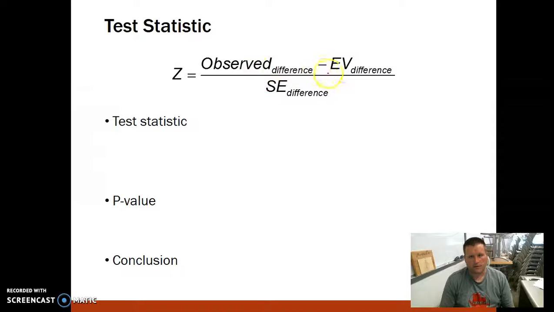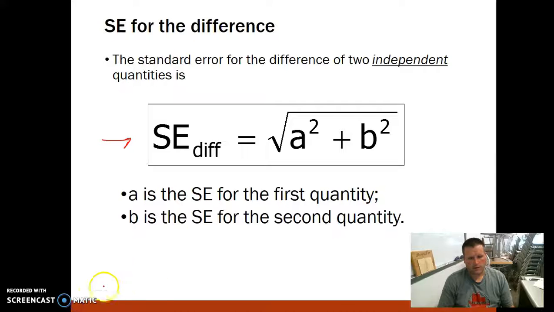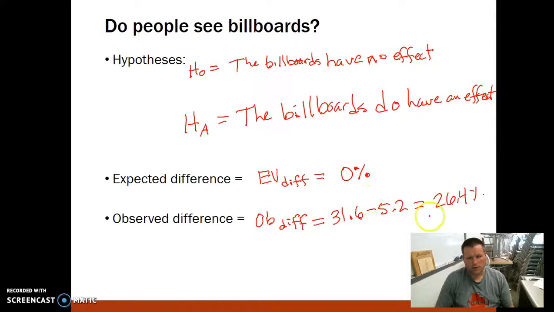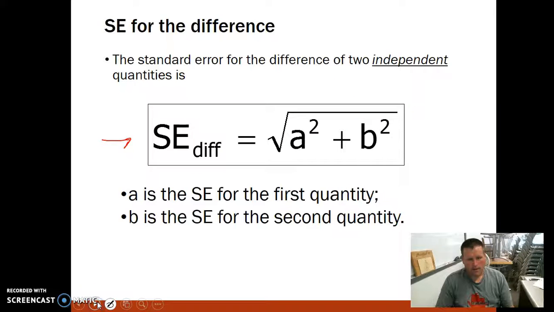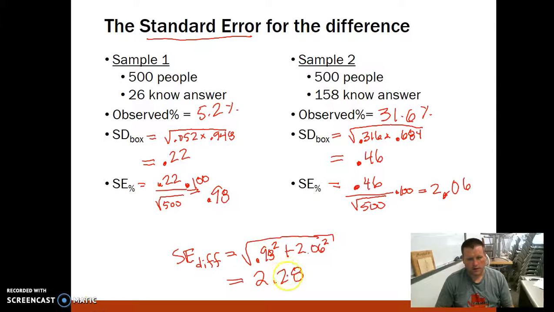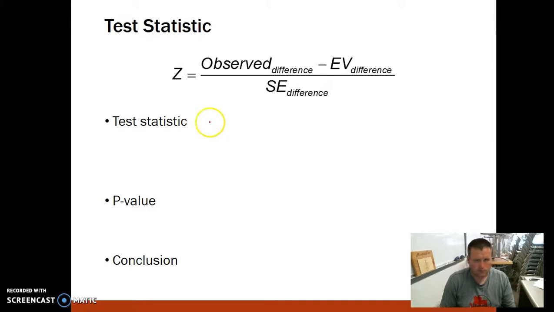So we need our observed difference minus our expected difference, divided by our standard error difference. Okay? So remember these numbers here, we had 26.4 and 0. And then we found 2.28 as well. So again, we're going to go 26.4.